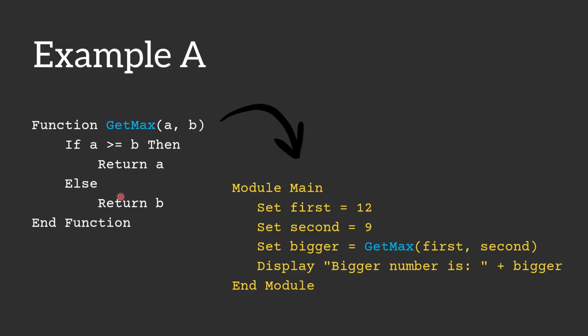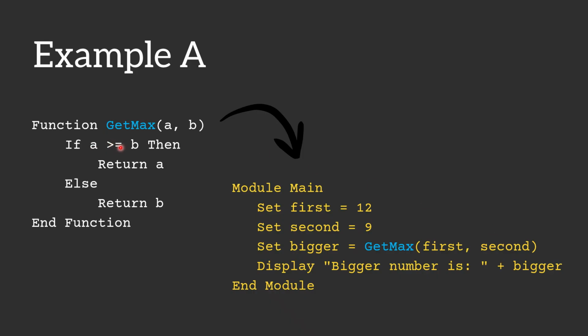The way that we use this function is here in our main module. We set first equal to 12, set second equal to 9, and then set bigger equal to whatever the return value of getMax is. So it's going to compare 12 and 9.